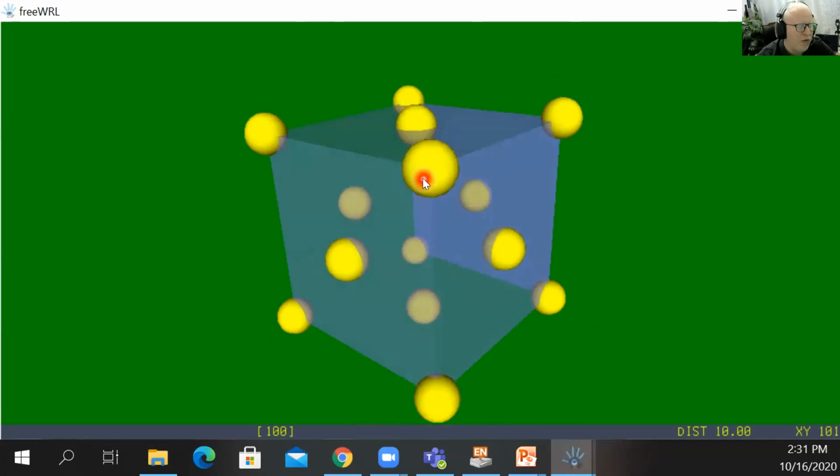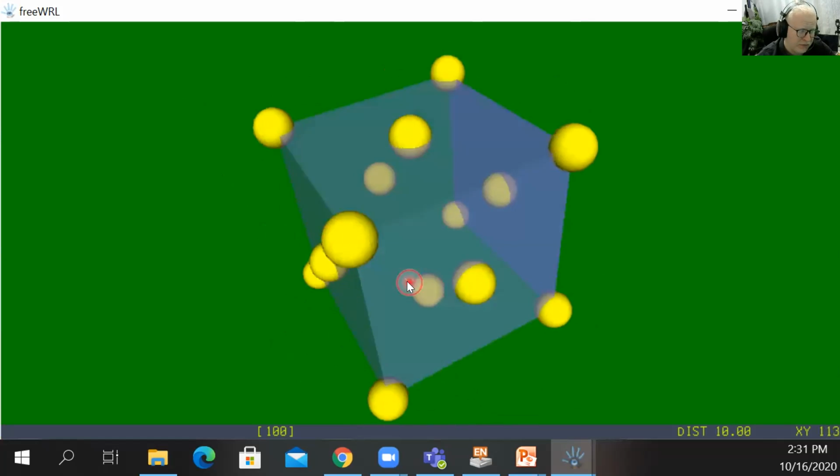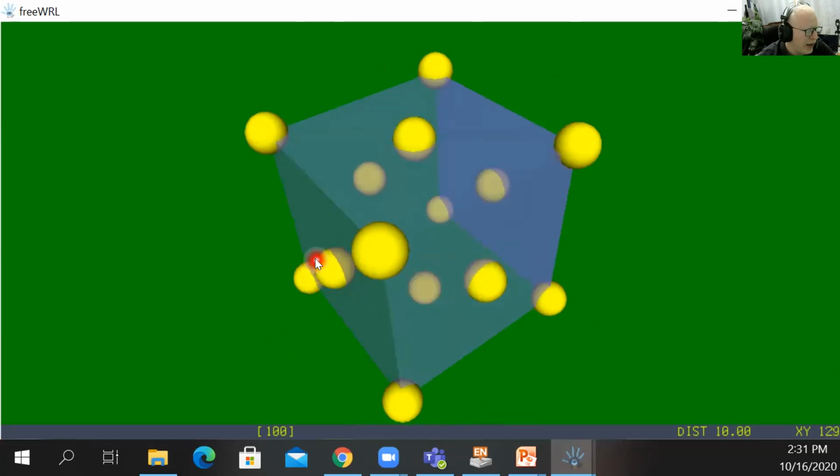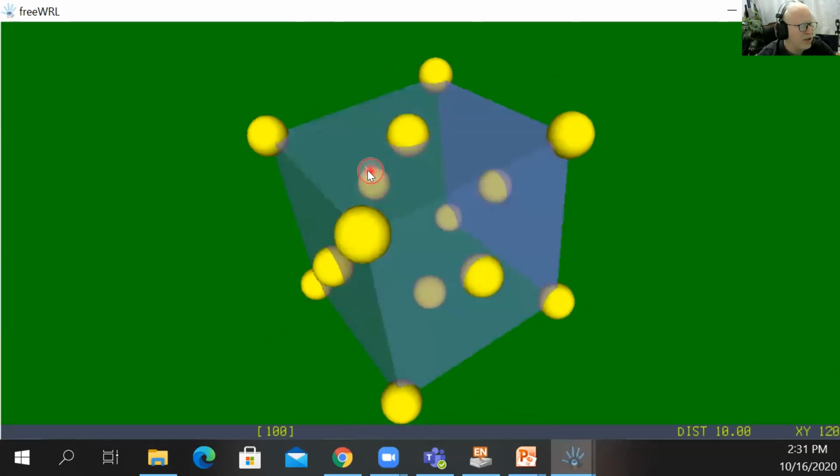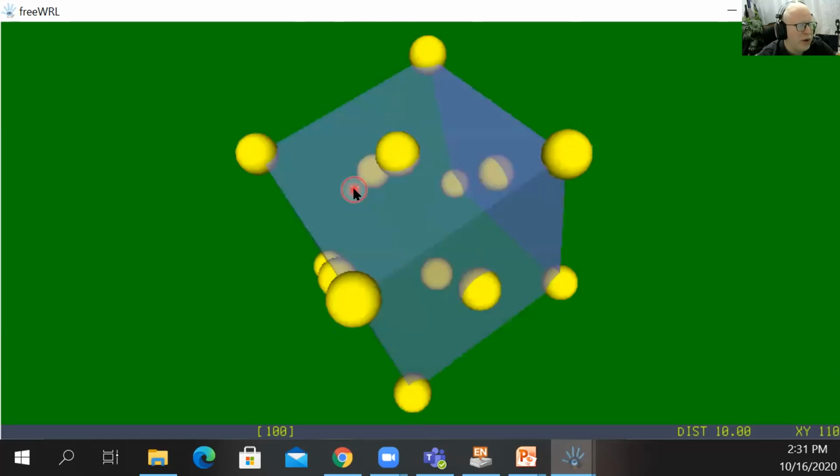Here we have one atom per corner, but we also have one atom per face. As you can see, we have one here, one there. We have 6 atoms in 6 faces because a cube has 6 faces. That's why we call it a face-centered cube, or FCC. So these are 3 different configurations while keeping the geometry the same, which is a cube. However, the atomic arrangement is different.